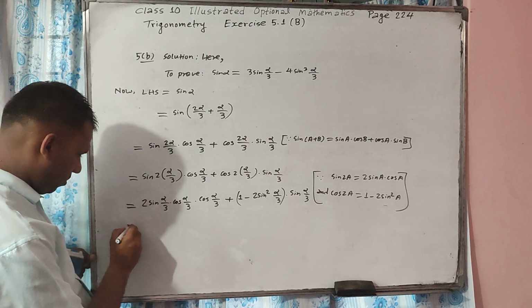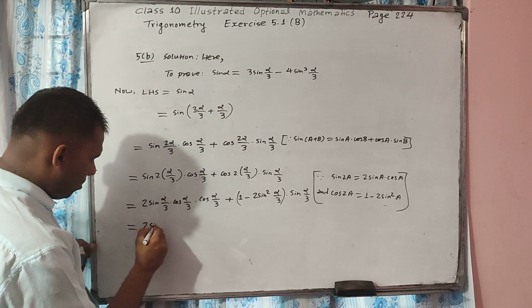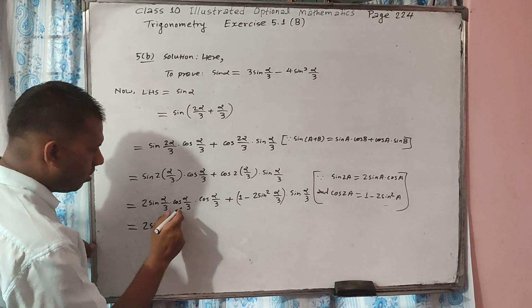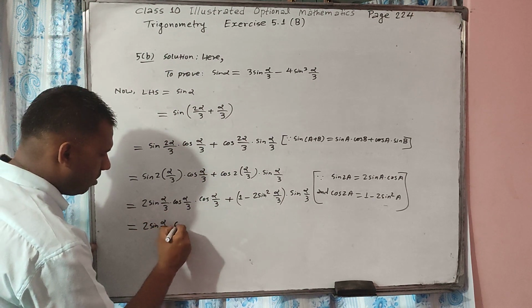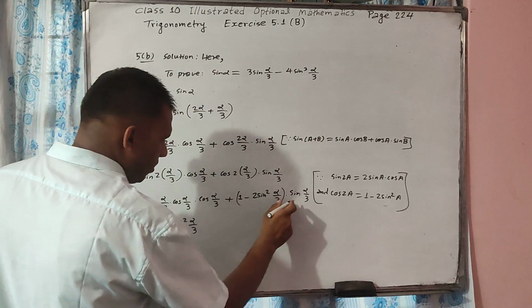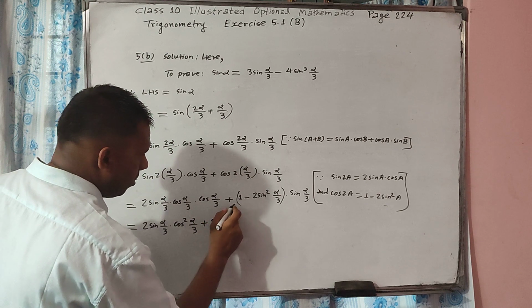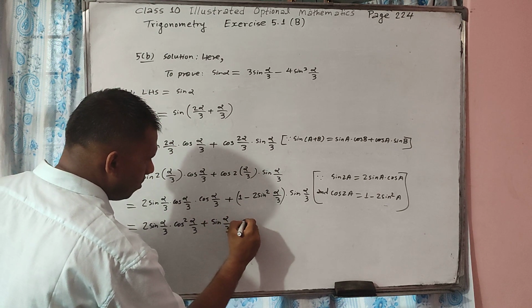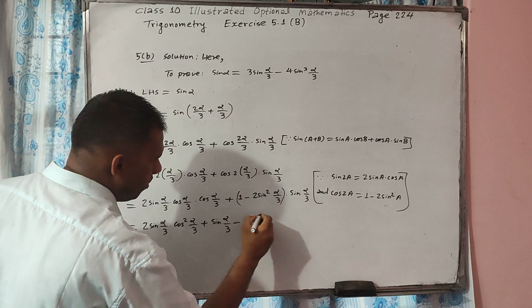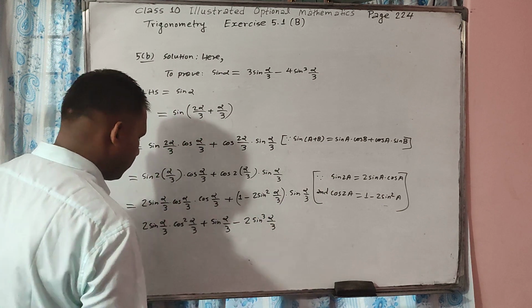Now this equals 2 sin alpha by 3 cos alpha by 3 into cos alpha by 3, it makes cos square alpha by 3, plus sin alpha by 3 into 1, plus sin alpha by 3, minus 2 sin square into sin alpha by 3, that is sin cube alpha by 3.